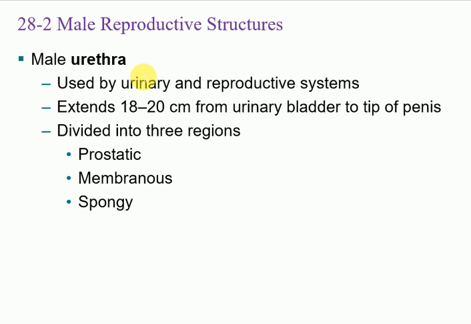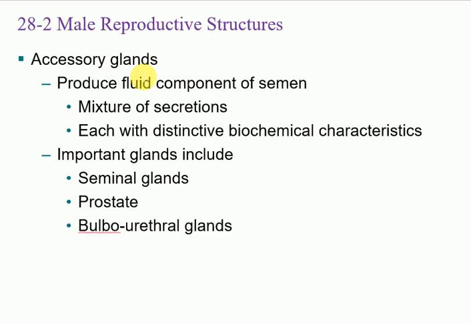The male urethra is three parts, and I already talked about that. It's about 20 centimeters: prostatic, membranous, and spongy. Accessory organs, each one of those is important for the male function or for making the semen. What's semen? Is semen different than sperms? Semen is sperms plus secretions, fluids. The fluids come from three glands. Two of them are the main ones, and one is just a tiny bit.